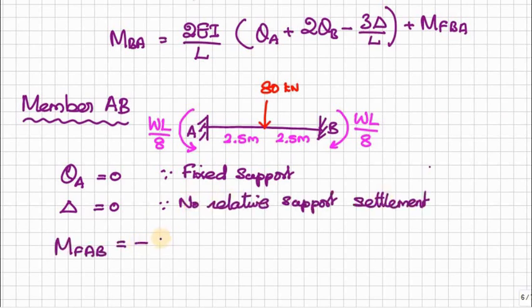Now we will calculate the fixed end moment at each support. MFAB is equal to minus WL by 8, which is equal to minus 50 kilonewton meter.